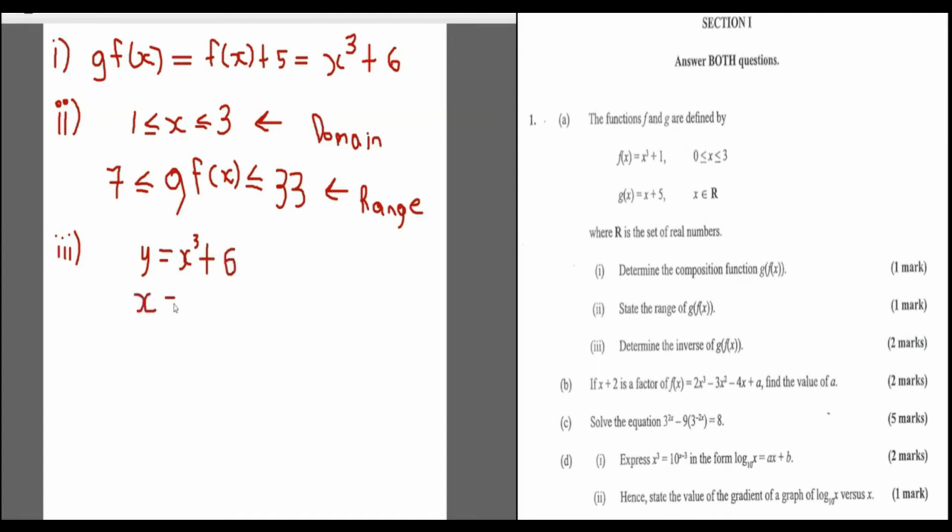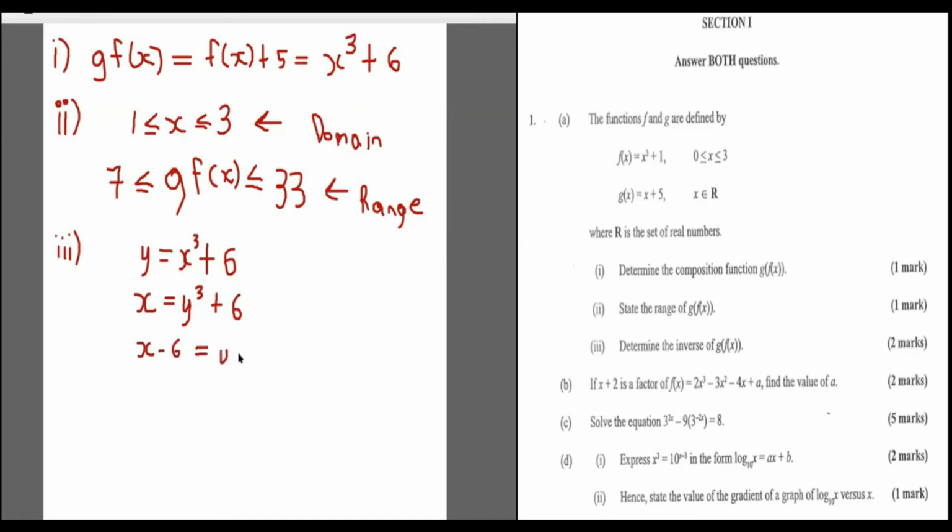So what we're saying is then x is equal to y cubed plus 6. And then we need to make y the subject. To make y the subject, we're going to subtract 6 from both sides to get x minus 6, and that's equal to y cubed.